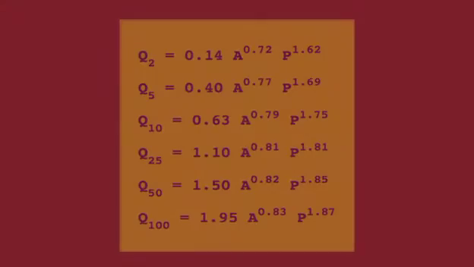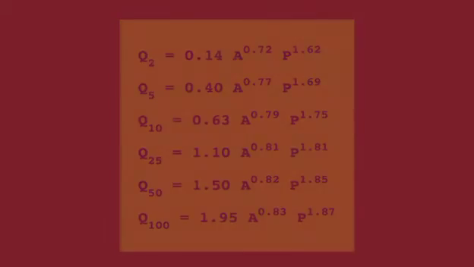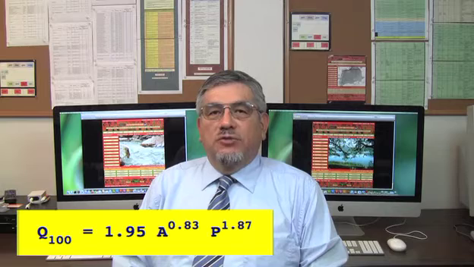An example of the USGS state equations for the state of California's South Coast region are in which A is drainage area in square miles and P is mean annual precipitation in inches.